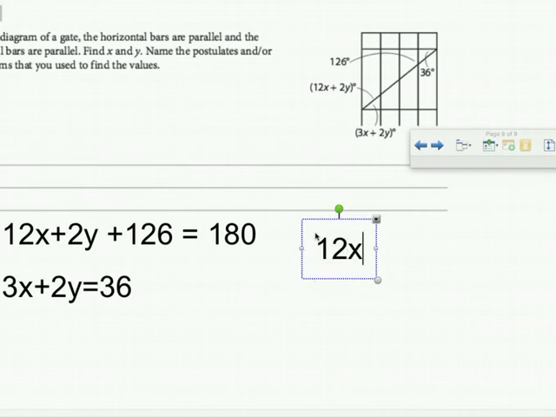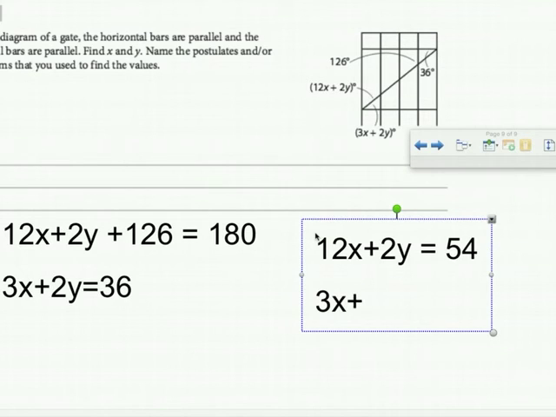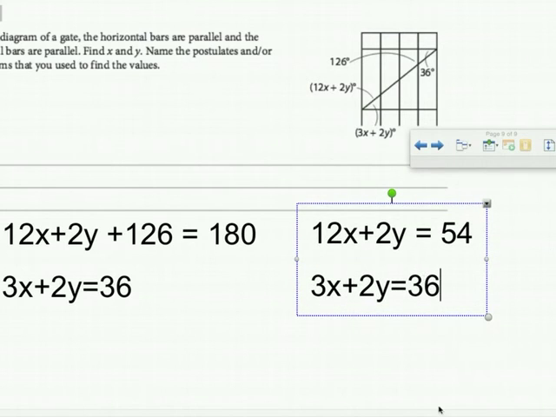So when I do that, I have 12x plus 2y equal to 54. And again, all I did was subtract the 126 from both sides. I haven't done anything to the second equation, so I'm just going to copy it down. And now what we have is a system of equations.